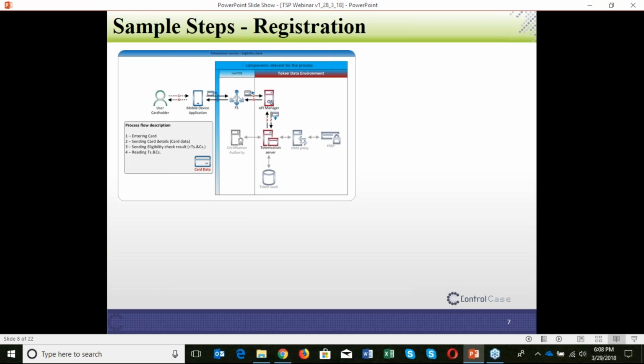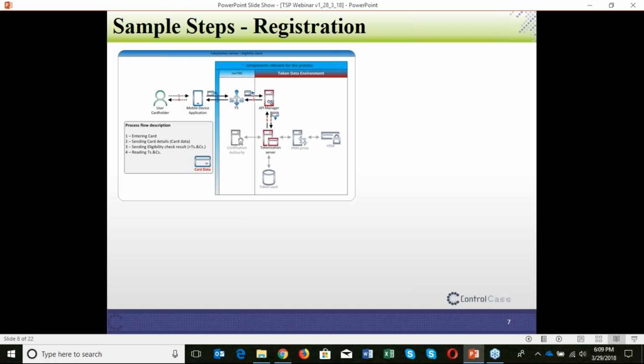This is how you receive the token from the TSP. It can be an acquirer, a third party, or even a merchant that has TSP validation. The end user downloads the application to the mobile, and the first-time registration is the only time he has to go through the registration process.